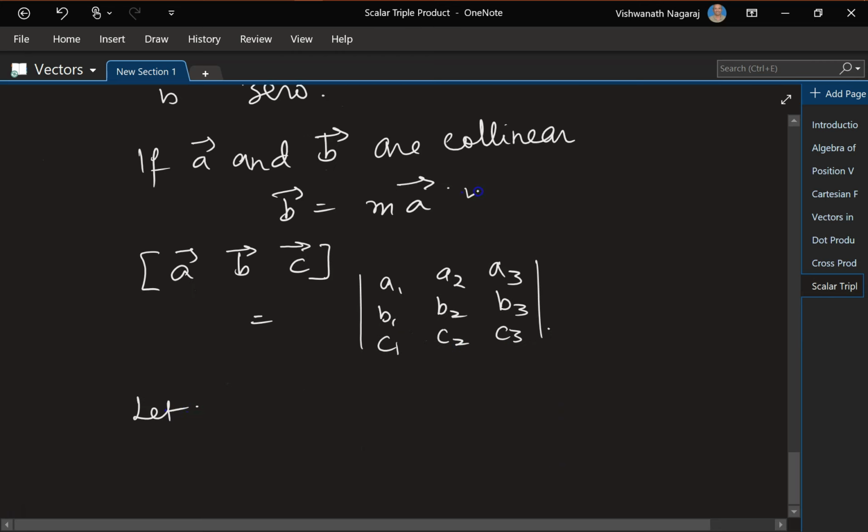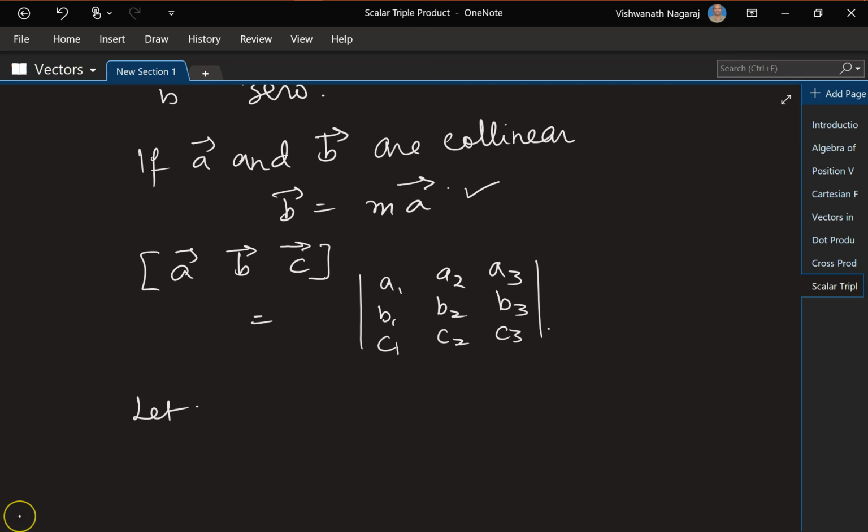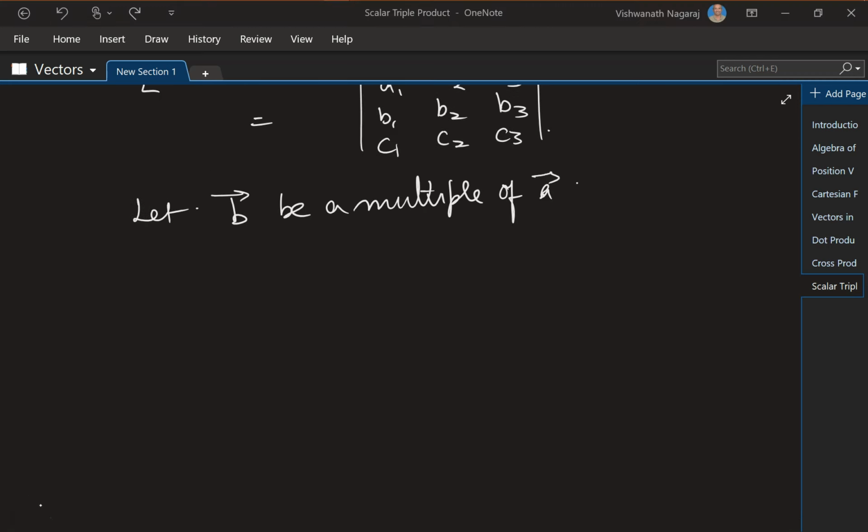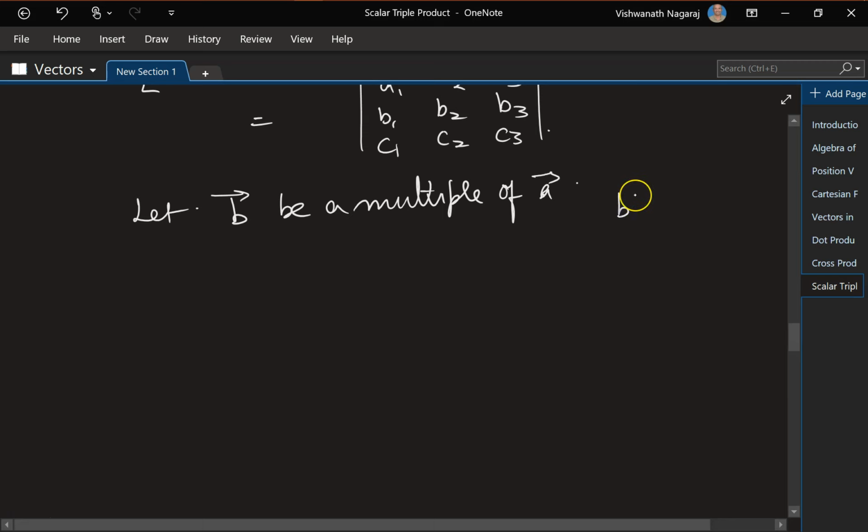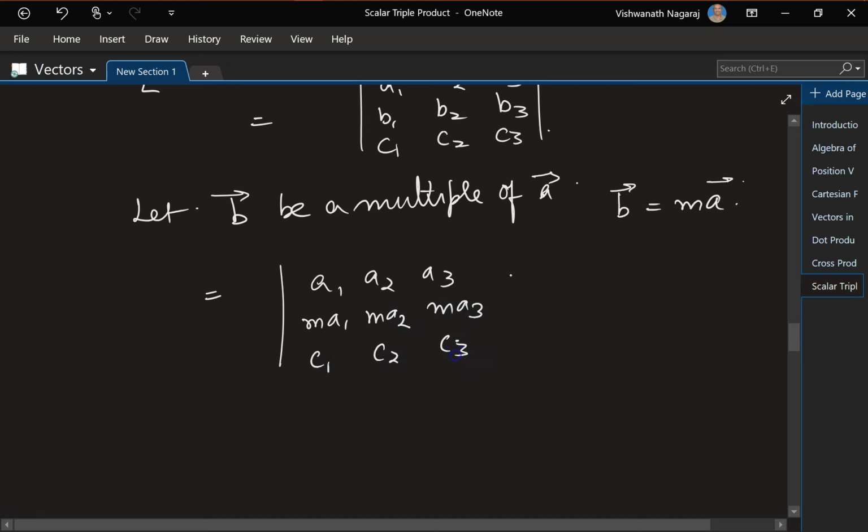Now, because of this, let's say B is a multiple of A, which means B would be equal to MA. So what will happen here to the determinant? A1, A2, A3, MA1, MA2, MA3, C1, C2, C3.